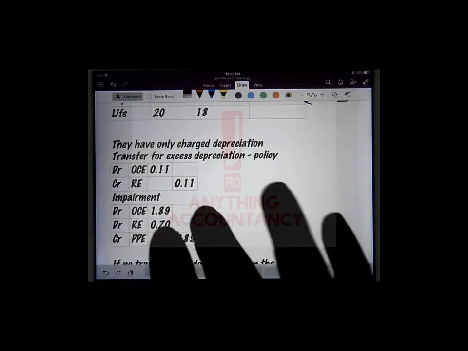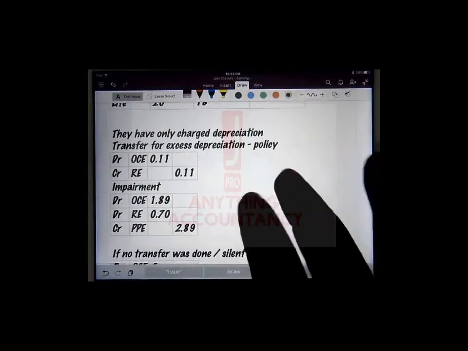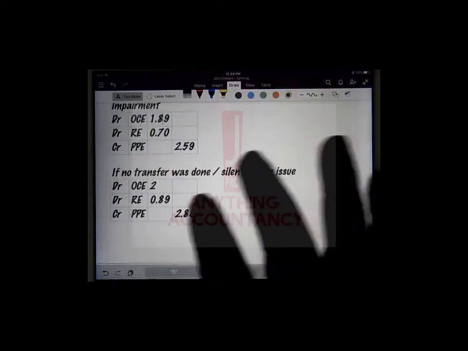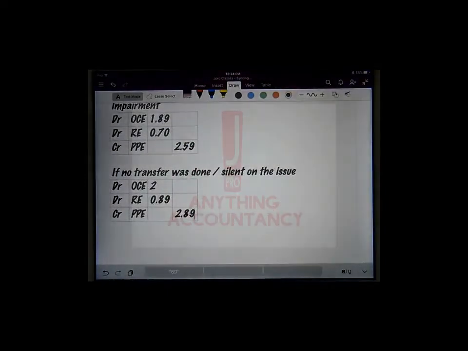Oh yes, 2.59, I think so, correct? This is the 0 per month. 2.59, is it? Yeah, 2.59. Correct. Sorry, 2.59, right?